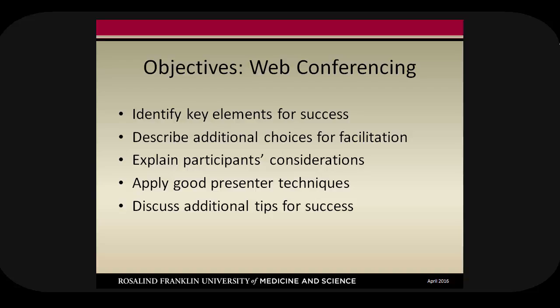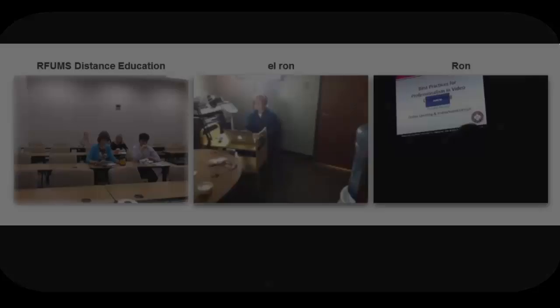You'll have a clear understanding of what your participants will need from you when you're presenting to them, and basically just how to apply good presenter skills. And then finally, Ron will come over from across the hall and finish up with a question and answer with you. So I'm going to toggle you over to Ron.